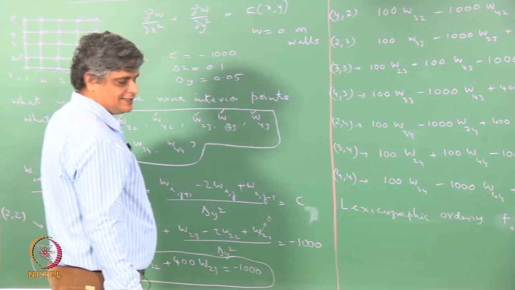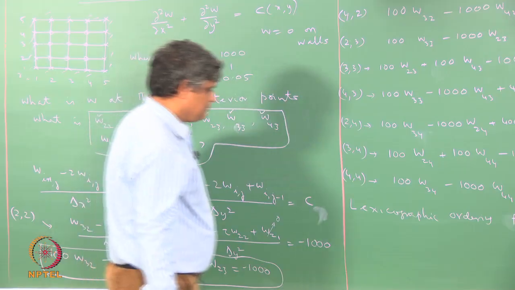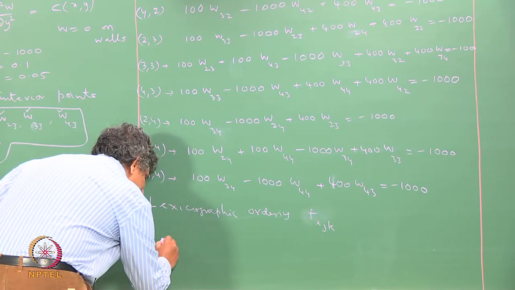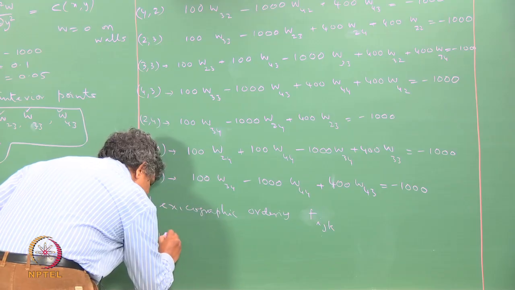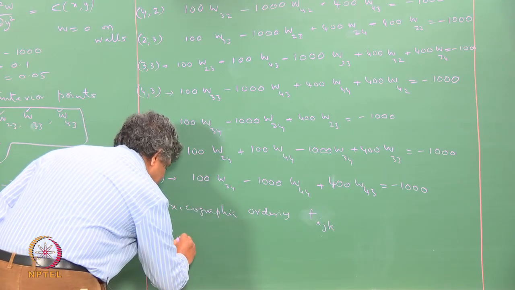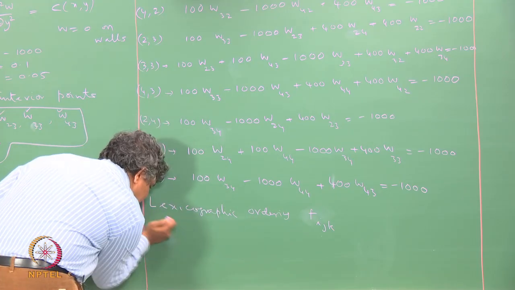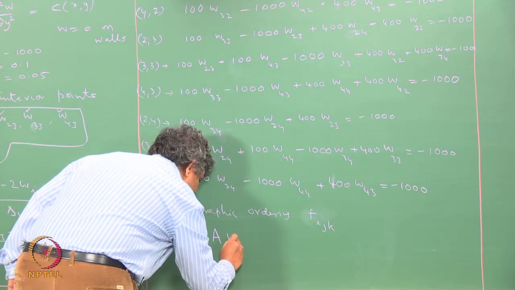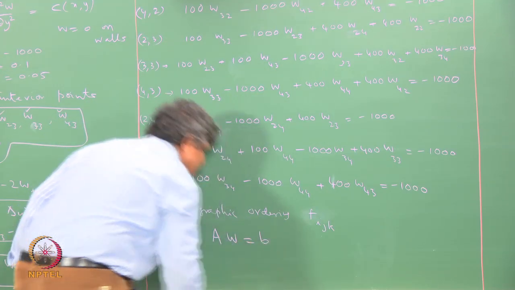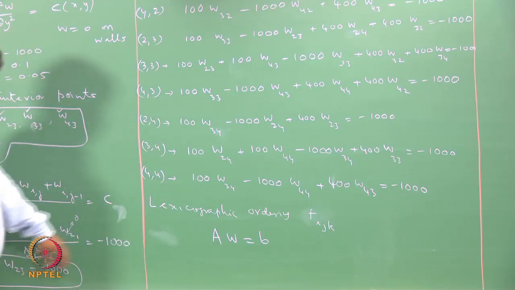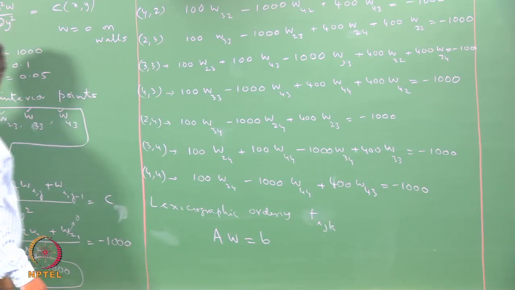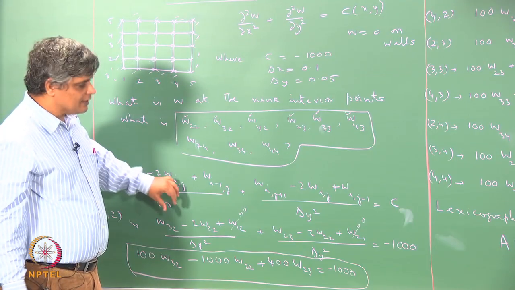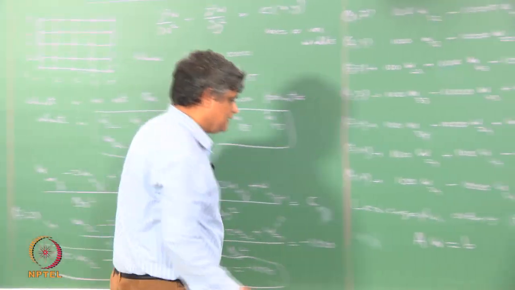We have 2 indices here, and let us define a variable matrix W. We would like to put all these equations in the form AW equal to B, where W contains all the velocities which are unknown, and we would like to order them in a lexicographic way.